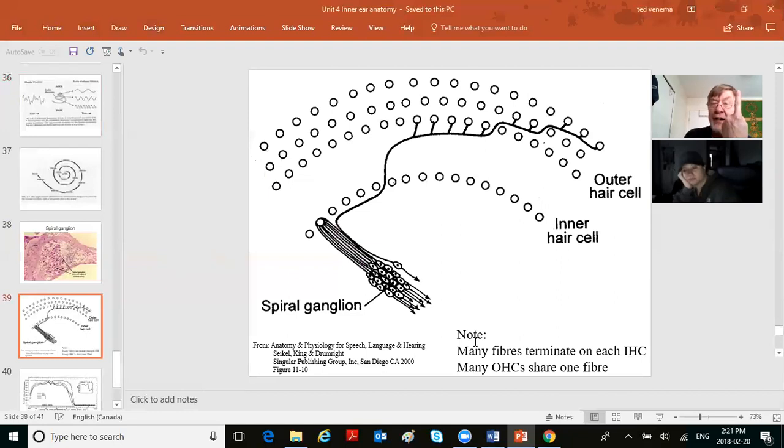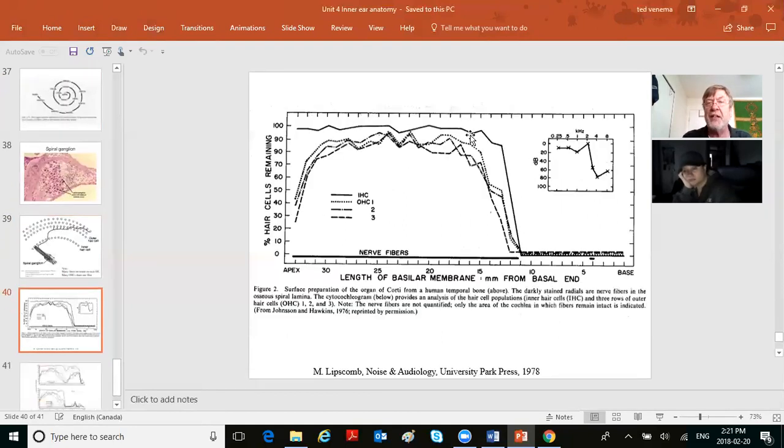Meanwhile, one eighth nerve fiber is shared among 10 outer hair cells. So basically, the eighth nerve is an afferent system, essentially. It has a few fibers that talk to the outer hair cells, but not very many.